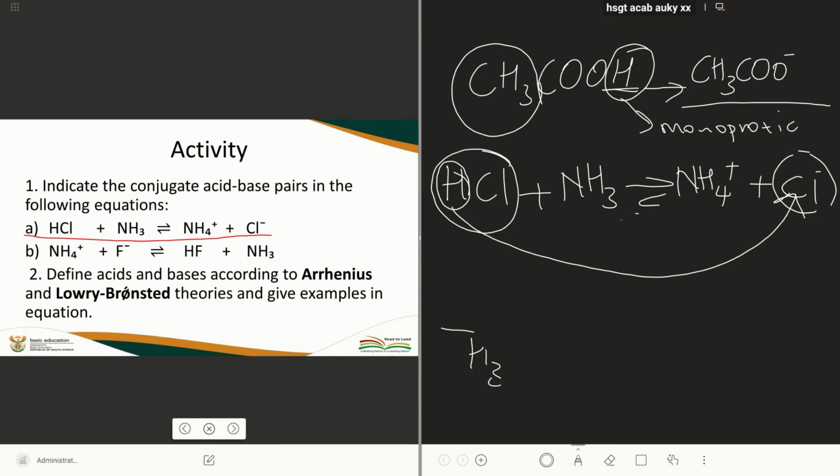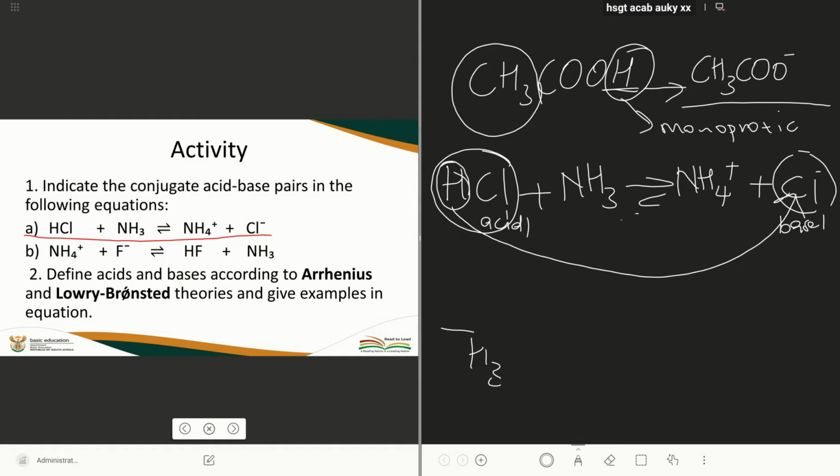So if this is your acid 1, and it donated a proton and became a chloride ion, this is going to be your base 1. This acid and this base look alike. They have some properties that make them relate, and what makes them relate is the chloride ion.